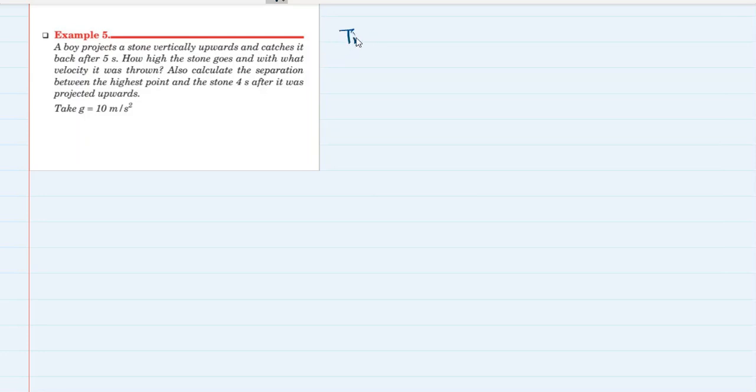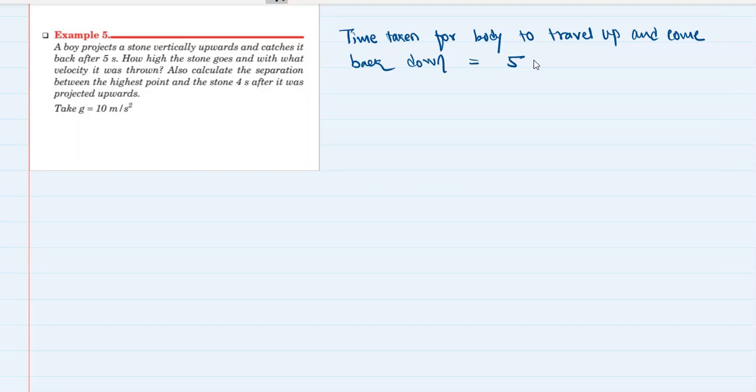So time taken for the body to travel up and come back down is equal to 5 seconds. It takes 5 seconds for the body to travel up and come back down.